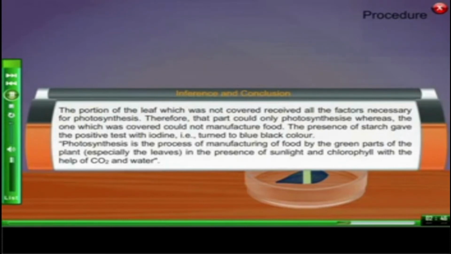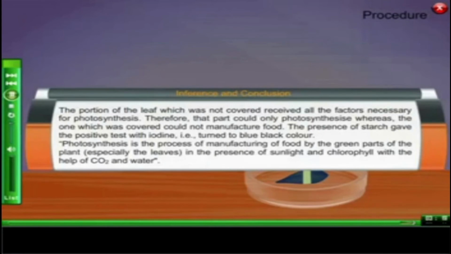Therefore, that part could photosynthesize, whereas the covered part could not manufacture food. The presence of starch gave the positive test with iodine, that is, it turned blue-black. Photosynthesis is the process of manufacturing food by the green parts of the plant, especially the leaves, in the presence of sunlight and chlorophyll with the help of carbon dioxide and water.